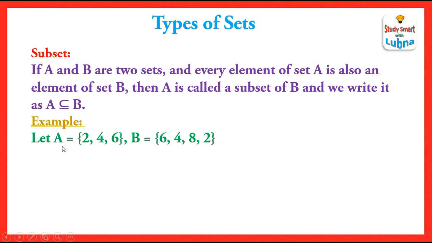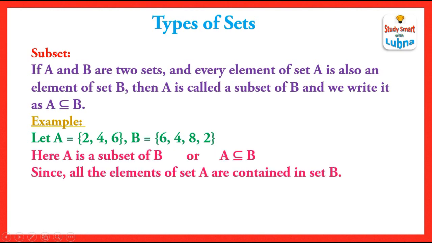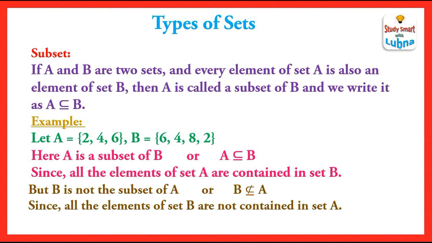So set A's elements 2, 4, 6 are present in set B. So we can say A is a subset of B, or we can write it in this way. Since all the elements of set A are contained in set B, B is not a subset of A, or we can write it like this: B is not a subset of A, since all the elements of set B are not contained in set A.